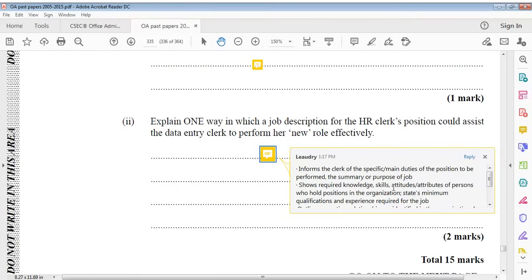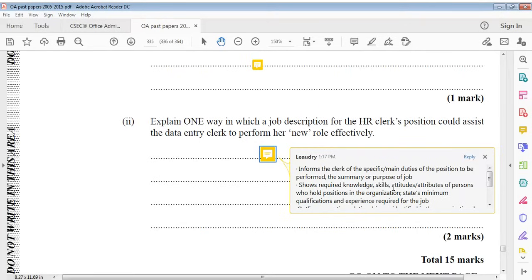So it says here, informs the clerk of the specific or main duties of the position to be performed, the summary or purpose of the job. So you explain that in detail.